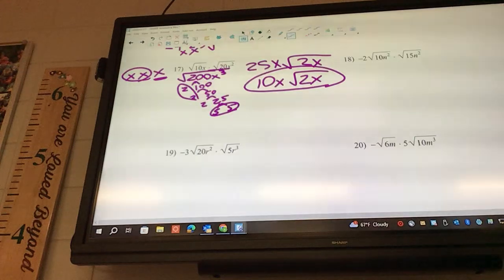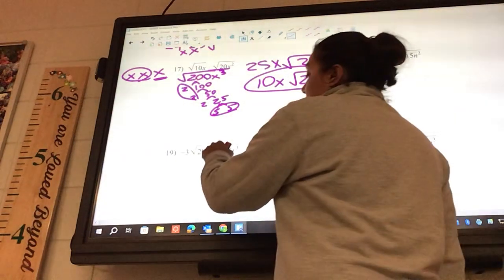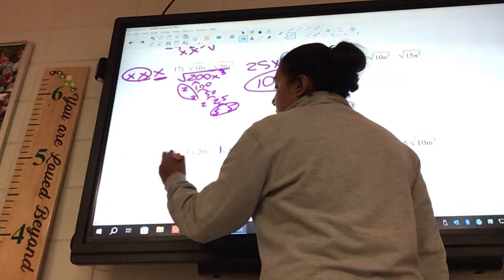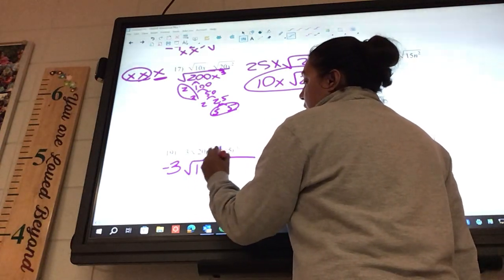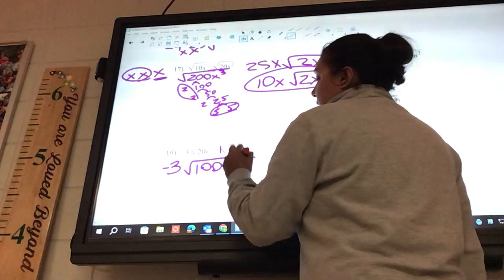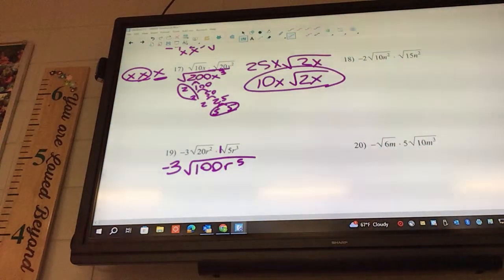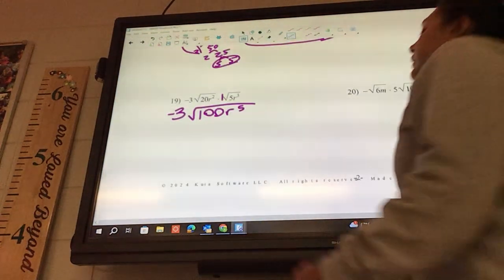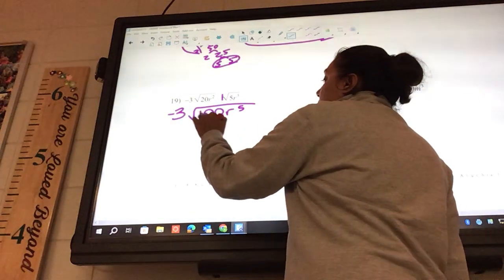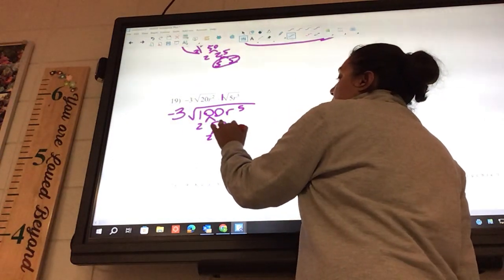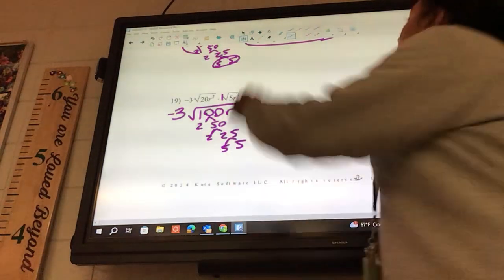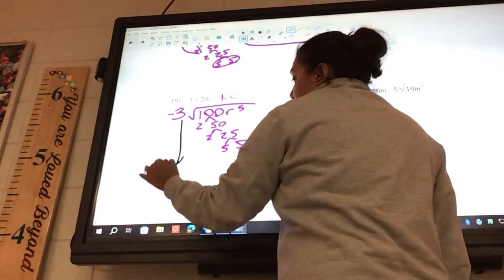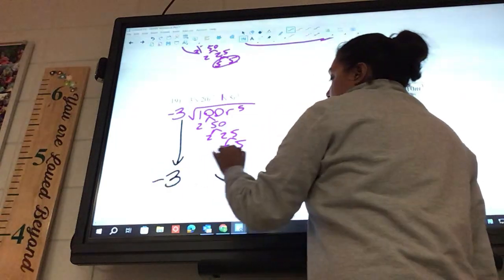And last one, negative 3 times 1, so negative 3 square root 20 times 5 is going to be 100, r to the 5. There are 5 r's total. For the 100, I've got 2 times 50, 2 times 25, 5 times 5. I know I have to drop this negative 3 down, so negative 3 square root.